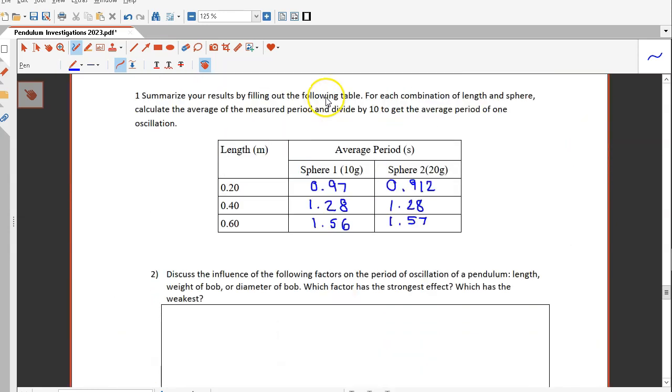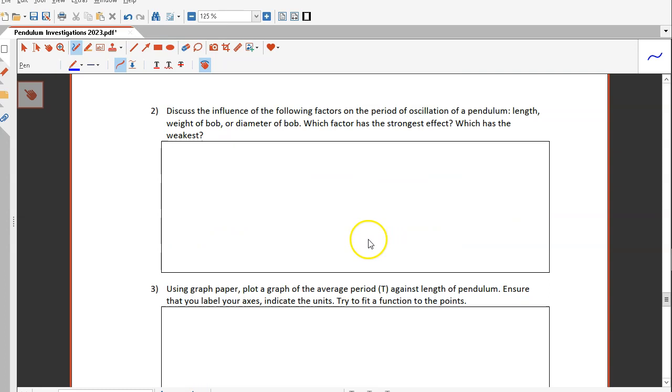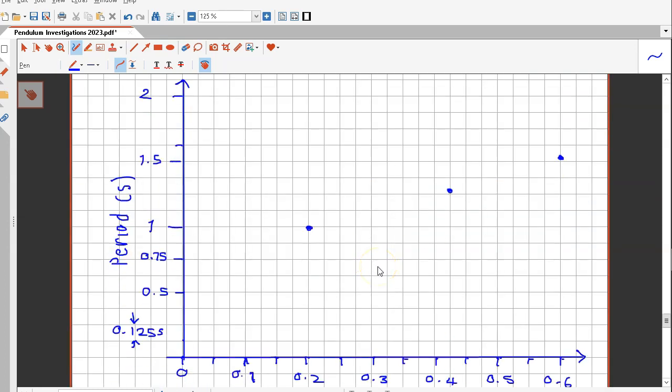You can see that these two are pretty much equal to each other in the sense that the times for sphere 2 are very similar to times for sphere 1, and so if you were to plot them on the same graph, we could use, say, a different color, or you could use a different symbol, okay, but they're pretty much on top of each other. And then you can just put a legend.